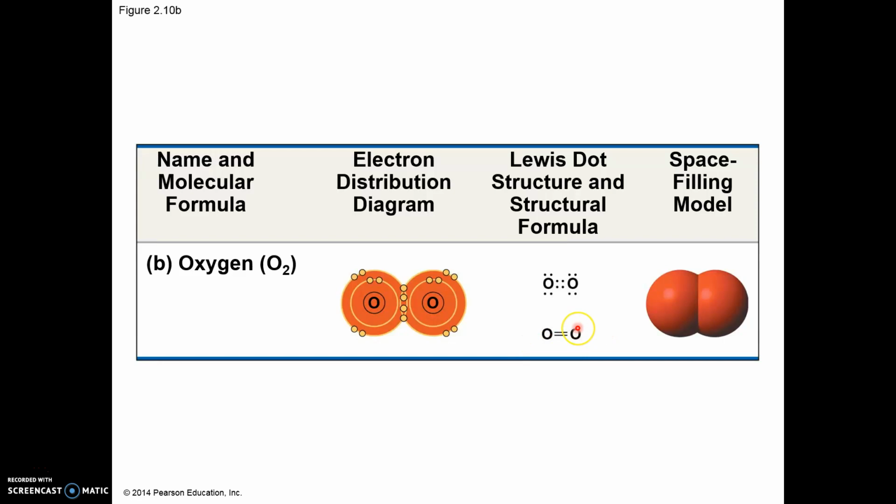This is a very simple representation. We can implicitly imply that those electrons are there. Again, it's not what it actually looks like. It looks something more like this. Okay? Again, this is a molecule, but not a compound, because both members are the same element.